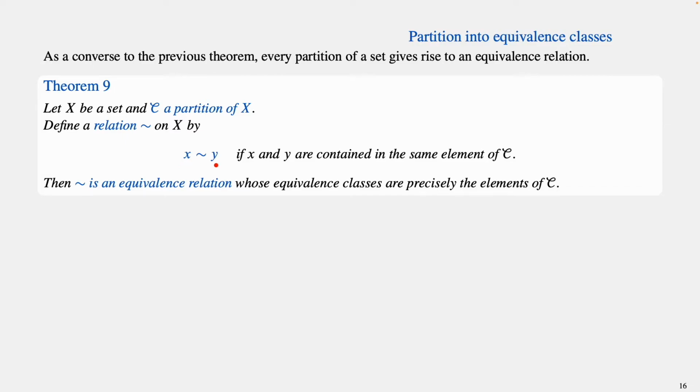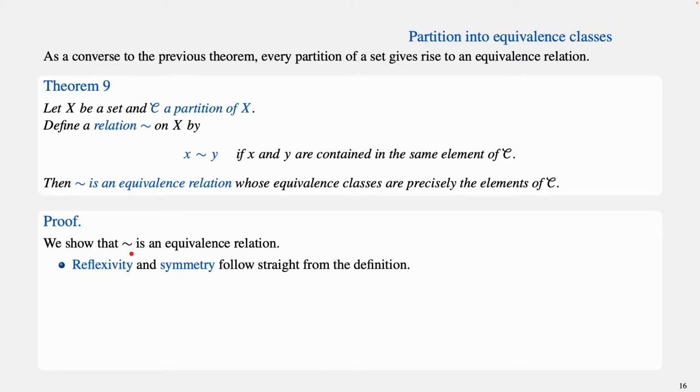X is related to Y if X and Y are contained in the same element of curly C. Then this is indeed an equivalence relation, and the equivalence classes for this relation are precisely the elements of the partition C. So first we show that this indeed defines an equivalence relation.